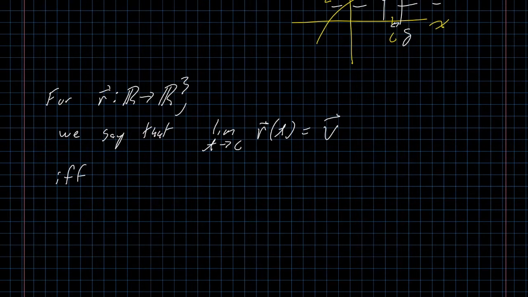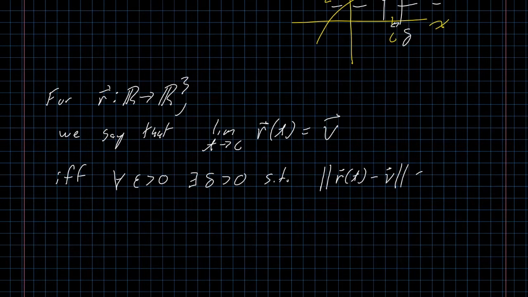If and only if for any epsilon greater than 0, there exists a delta greater than 0 such that, well, the distance between two vectors, we don't use absolute value bars to denote the distance between two vectors. We use the norm of r of t minus v.